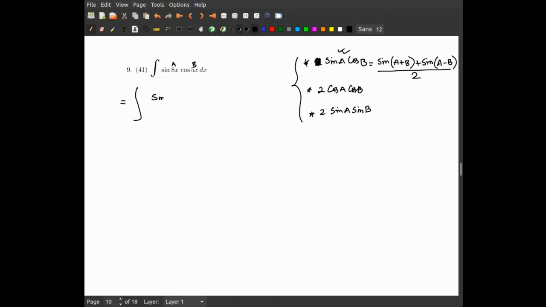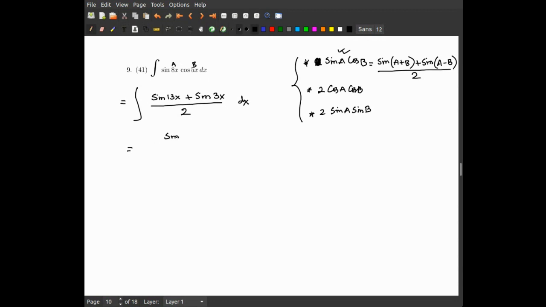The first one, sine A plus B. So that means in this case, that would be 8x plus 5x, which is 13x. Then plus sine A minus B, which is 8x minus 5x, so that would be 3x, and divided by that 2. This is dx.